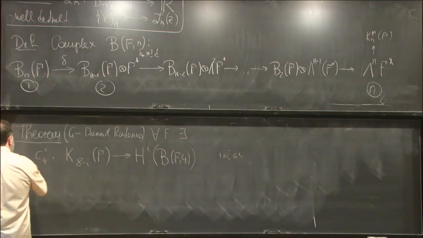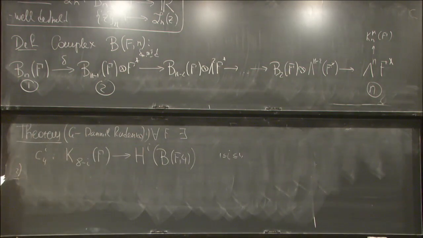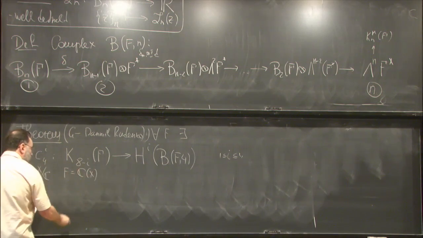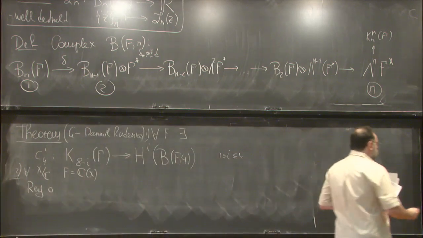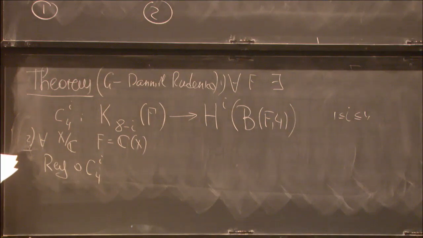And secondly, that these maps are, so if you take now any variety X over C, so if you take F as before to be the field of rational functions here, then these are exactly the regulator map. So this regulator, which I said can be constructed here, let's call it just regulator, composed with this map on K-groups from cohomologies complex to K-groups.